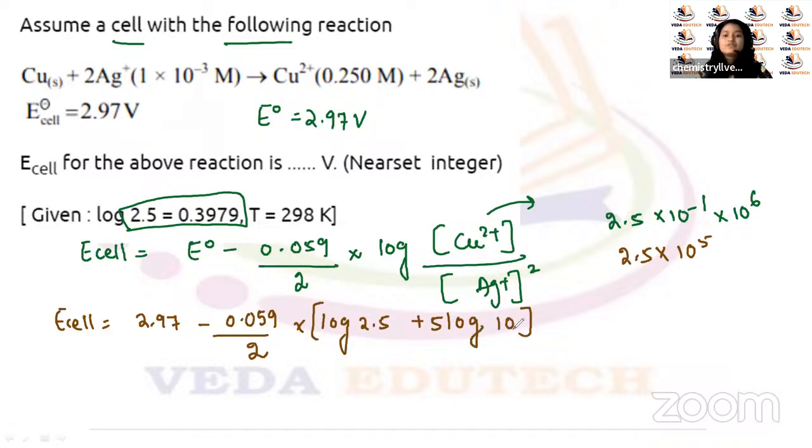So this is going to be how much, children? 5 log 10, this is 1 here, so 5, and the value of log 2.5 is 0.40.